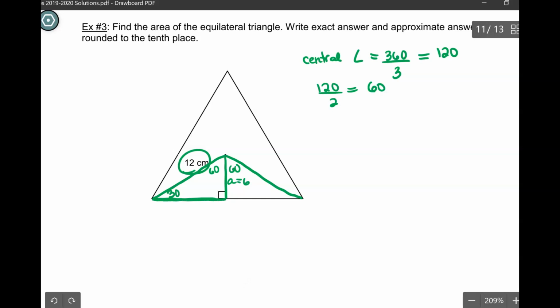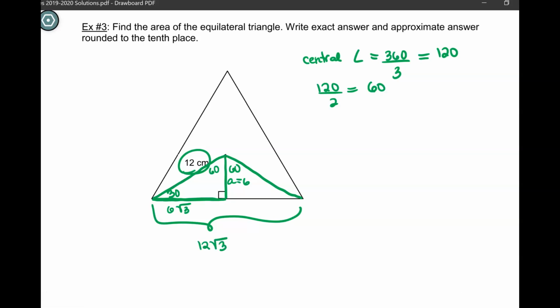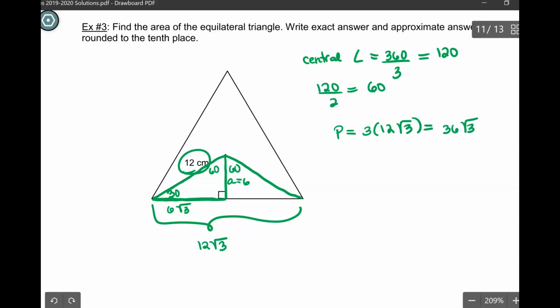Now that the shorter leg is 6, this would be 6 times the square root of 3, which makes this entire side double that, which would be 12 root 3.